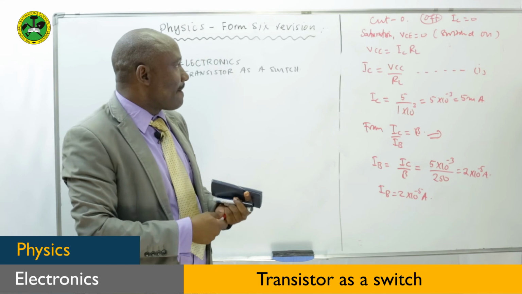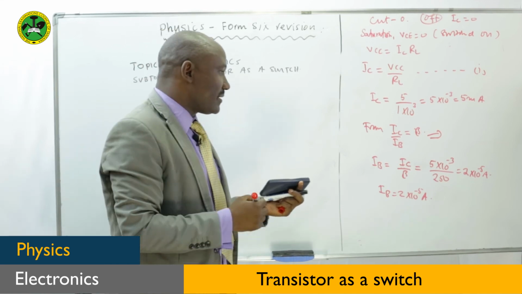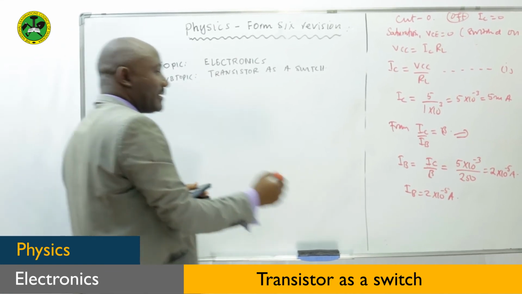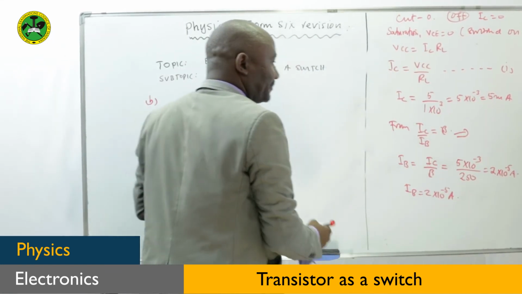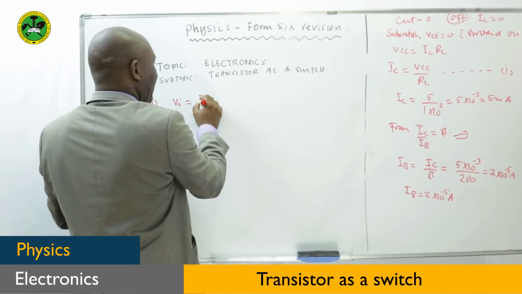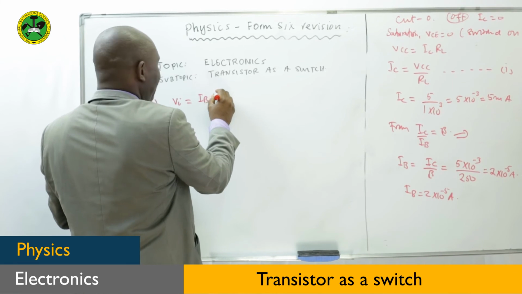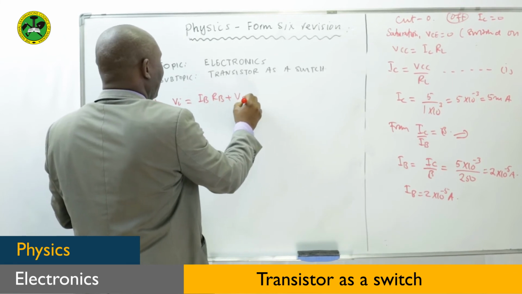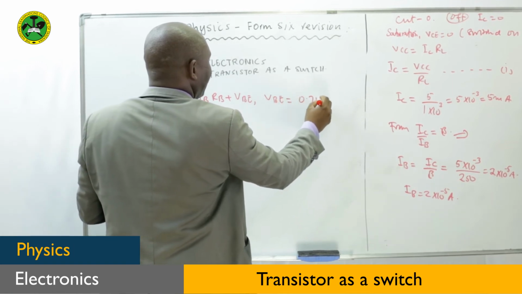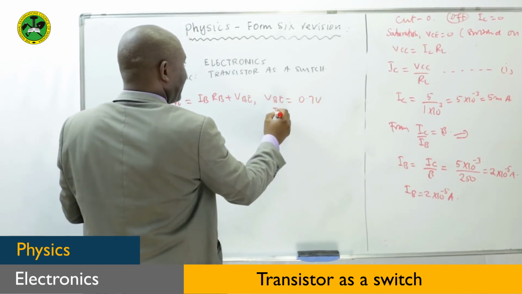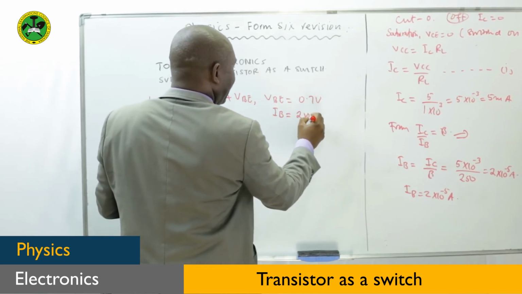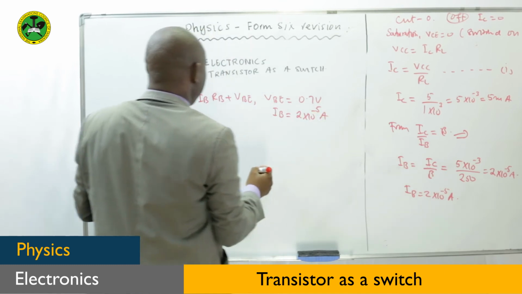So from this information, we are looking for the corresponding input voltage. You know the input voltage equals the base current times RB plus VBE. We know our VBE for this silicon transistor is 0.7 volts, and we know the base current now. We found that base current as 2 times 10 negative 5 ampere.